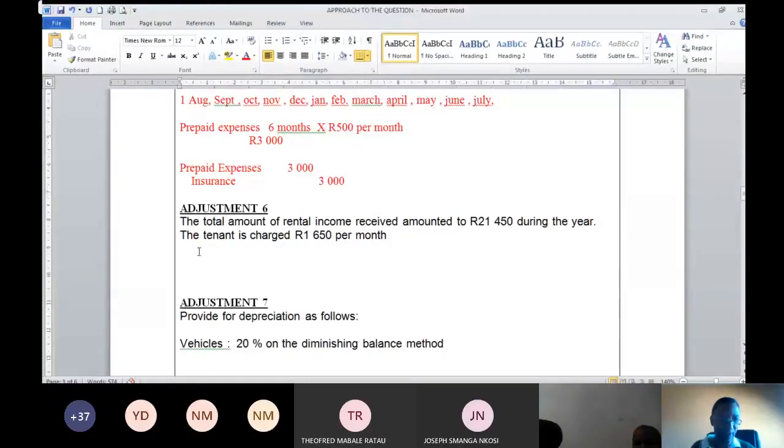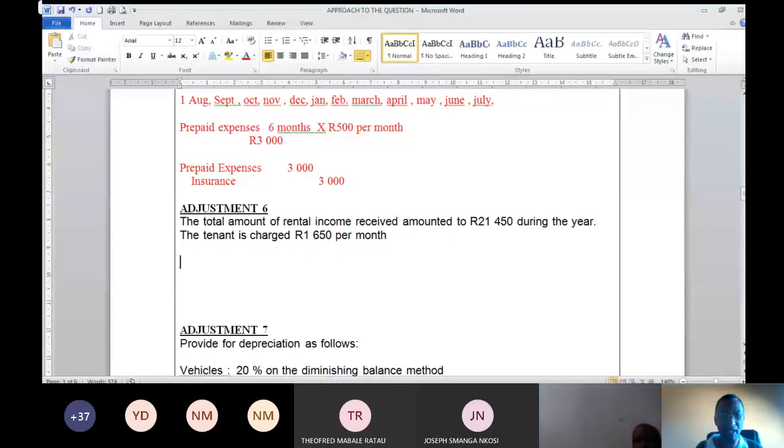The next adjustment, guys, adjustment number 6. The total amount of rental income received amounted to 21,450 Rand for the year. And the tenant is charged 1,650 per month.